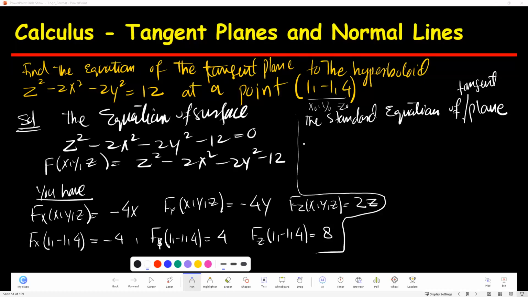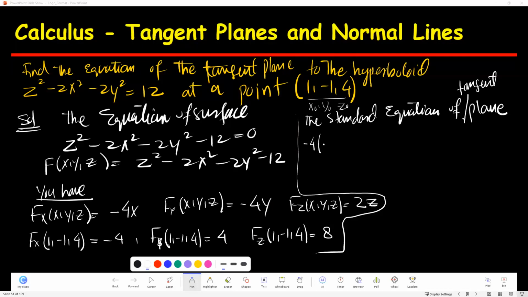I'm going to be just substituting the values. So this is a partial derivative of this, right? This guy is this, then this is fy and this is fz, and x minus x naught. So x naught is this, y minus y naught is this, z minus z naught is this. So let's substitute these values here.